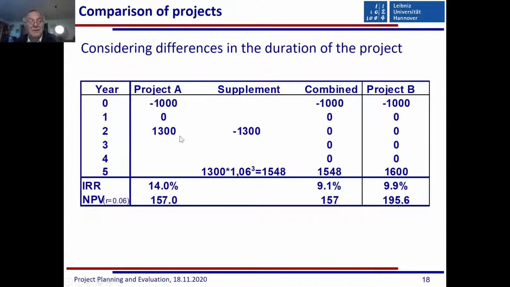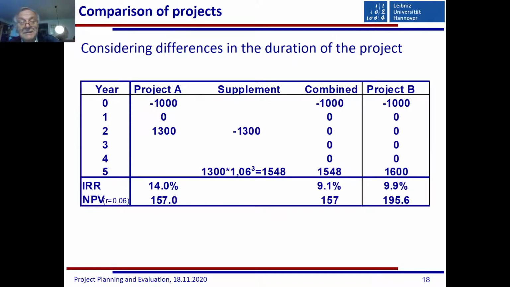So the amount that I earn in year 2 can be reinvested, and now I compound it. Remember, now you need the compound rate. I compound it to year 5 because this is the end of project B. So if I reinvest that, I would get 1,548. Now they are equal. If I convert it like this, the two projects have the same time horizon, and they have the same initial investment. So now I can really compare them on the basis of IRR.